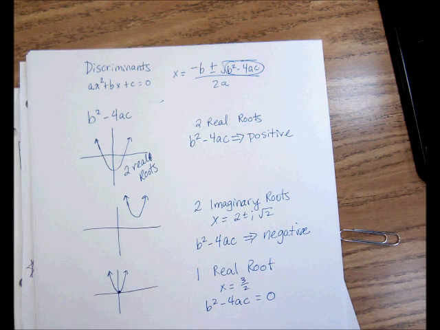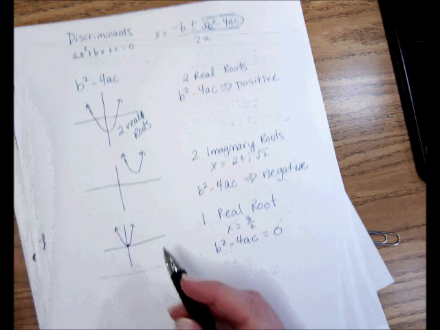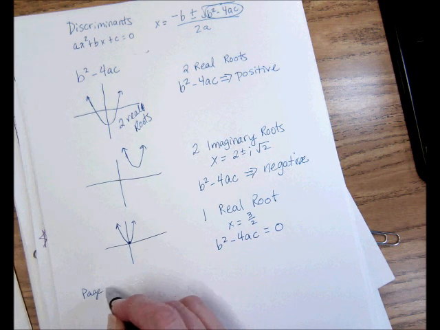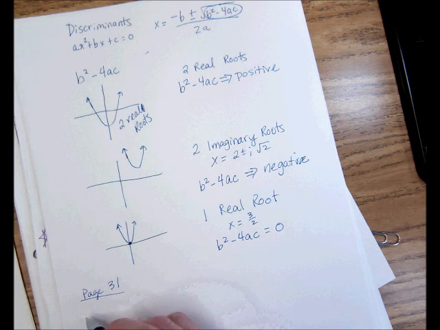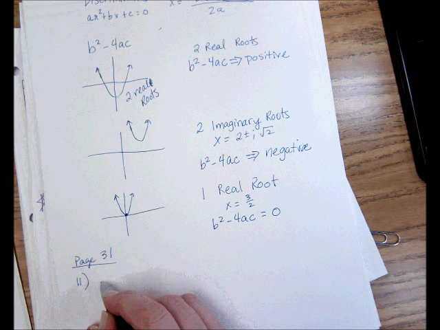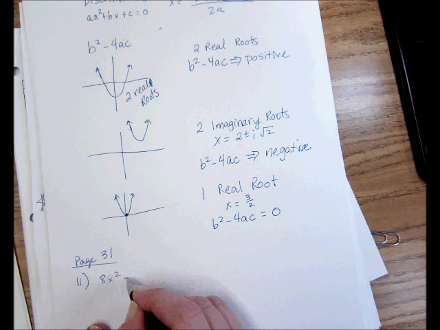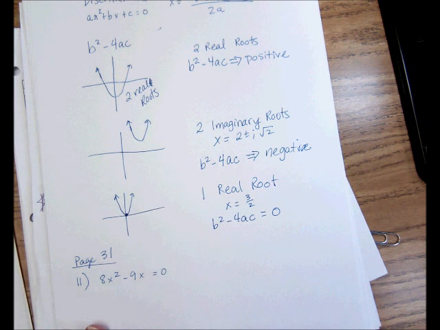So you ask, what are some examples? You can see on page 31 in your packet, we can look at a couple of different problems. So my number 11 on page 31 is 8x squared minus 9x is equal to 0.